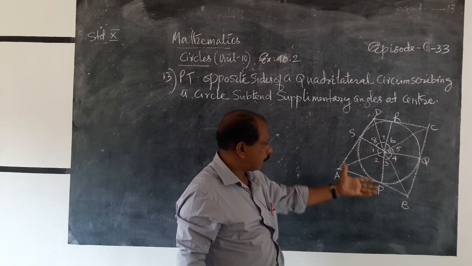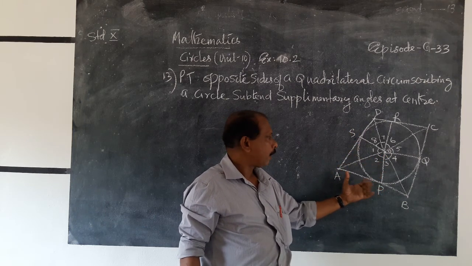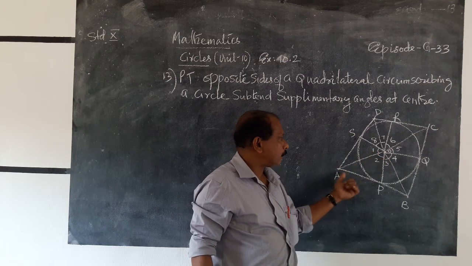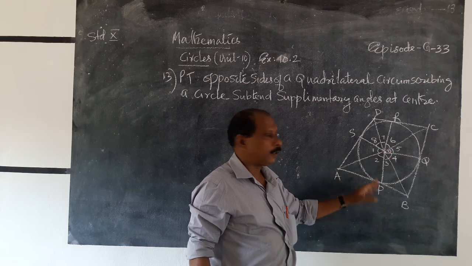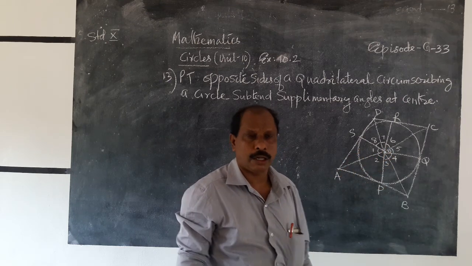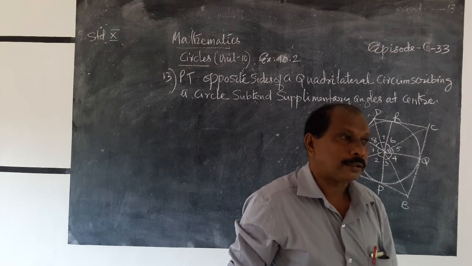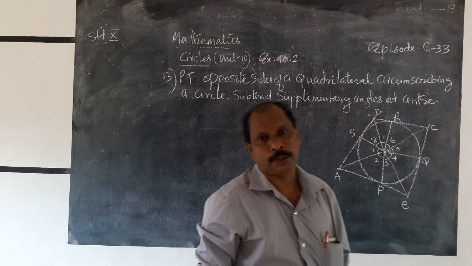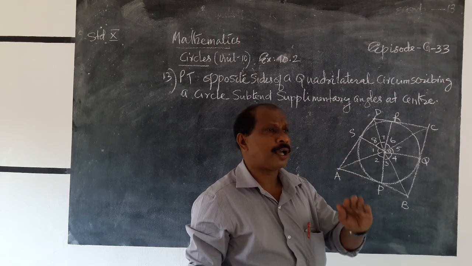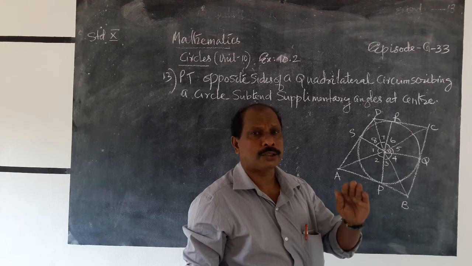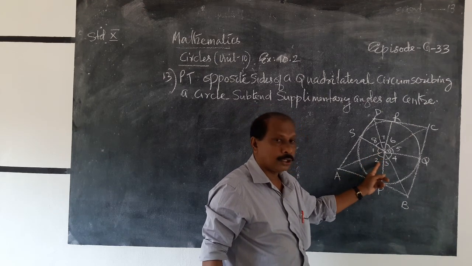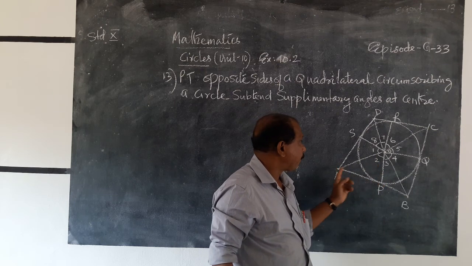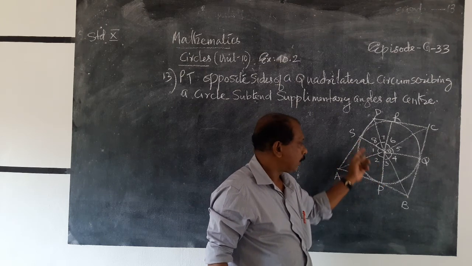AP and AS are the tangents to the circle with the center O. Therefore, these two lengths are equal, and OA is equal to OA, OS is equal to OP. Therefore, these two triangles are congruent using the RHS property. Therefore, the corresponding angles are equal and also corresponding sides are equal. That means angle 1 and angle 2 are equal because AP and AS are the tangents.